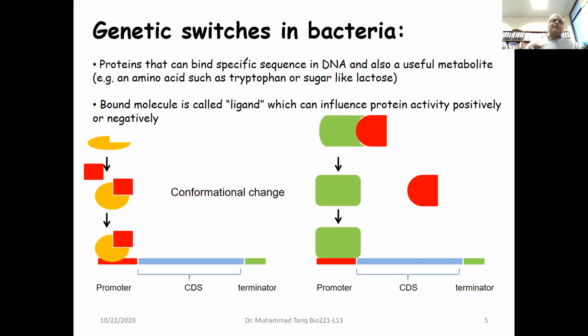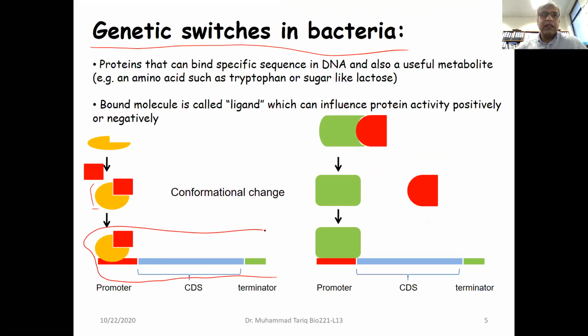Okay, thanks. So we call this genetic switches in bacteria. And such quick genetic switches, I have made this slide to make things easier. For example, you have a gene which has binding site for an activator.